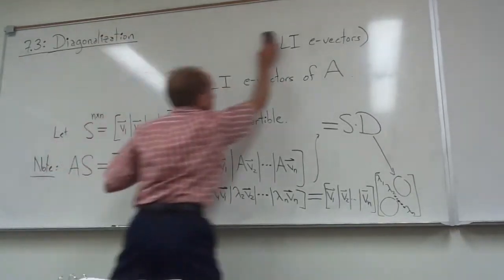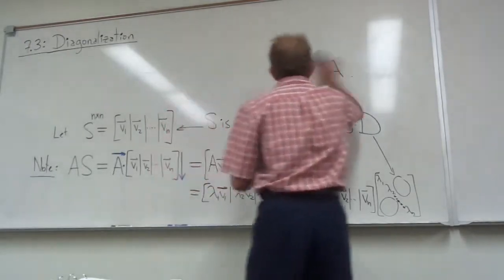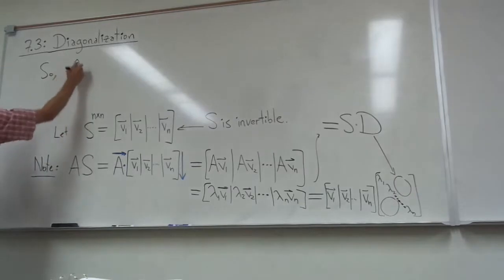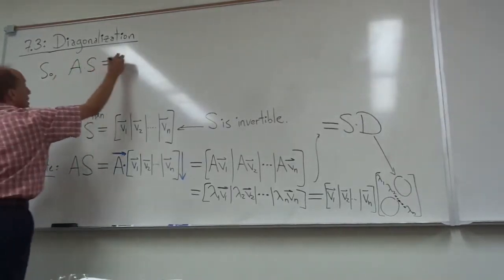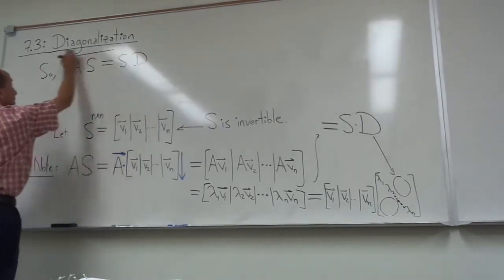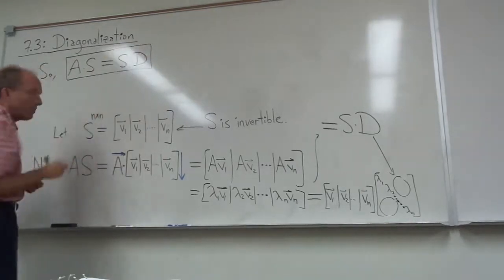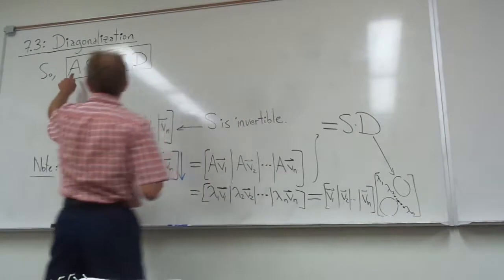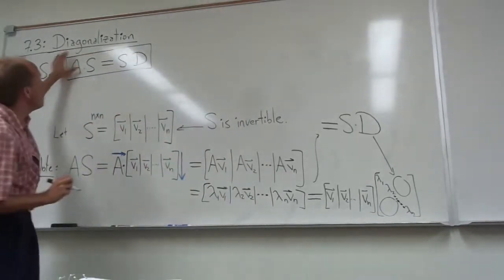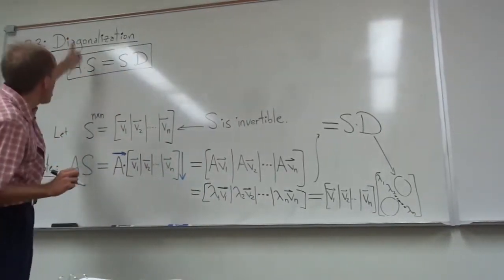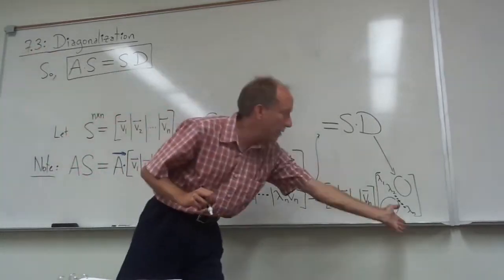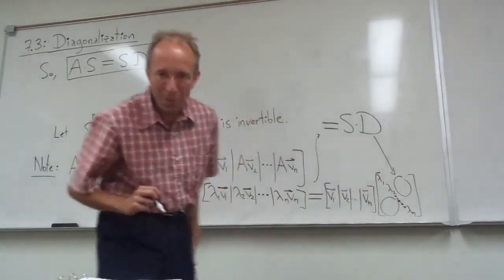If we look at the whole totality of this calculation, what we have done is we have said that A times S is equal to S times D. When you have a non-defective matrix A, you can make this equation. The columns of S are the eigenvectors. The diagonal entries of D are the eigenvalues.